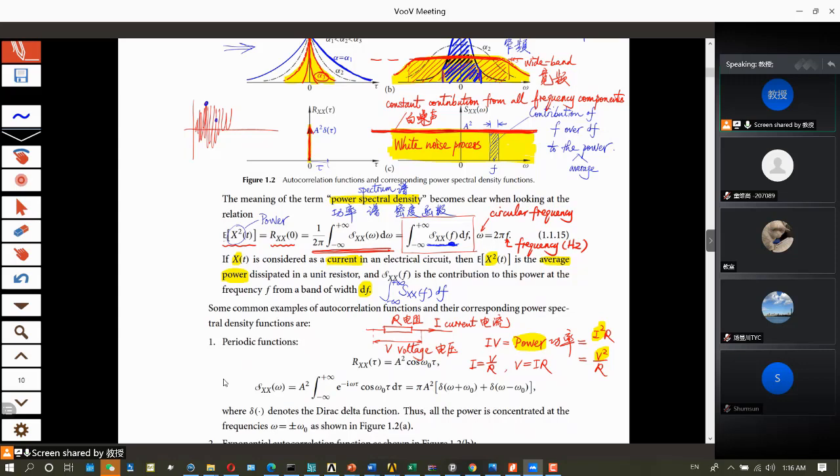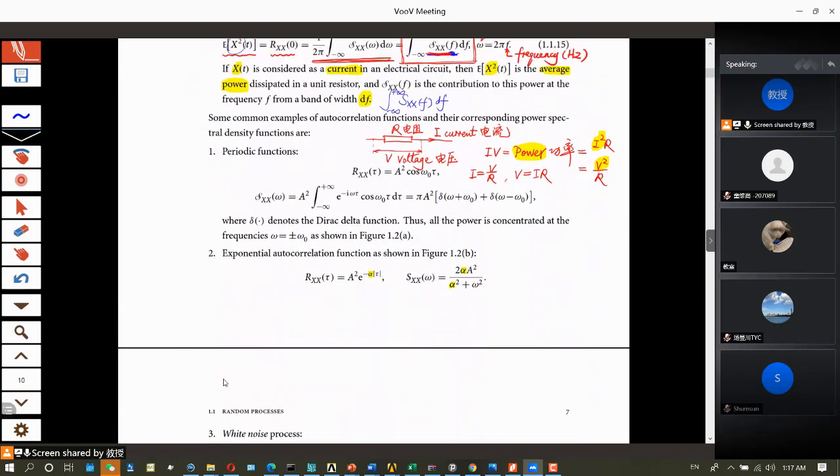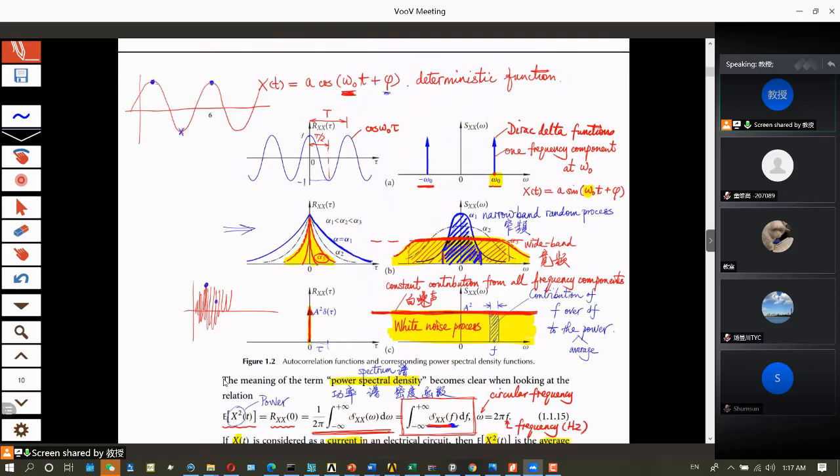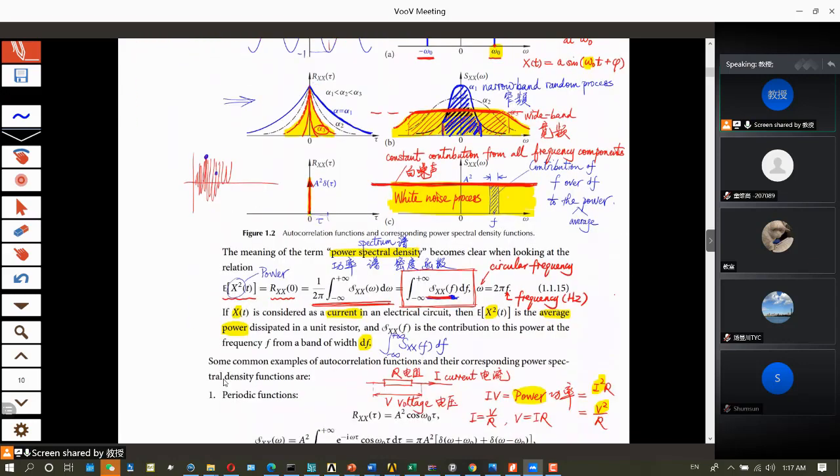So E x squared is the mean square value or the expected power, and it's related to this function, the power spectral density. That's why Sx is the power spectral density function. These three diagrams are very important. If you understand them, you would be able to visualize a random process.